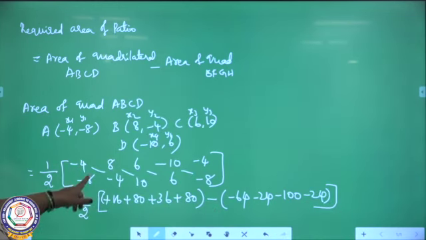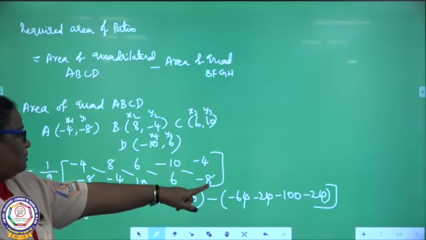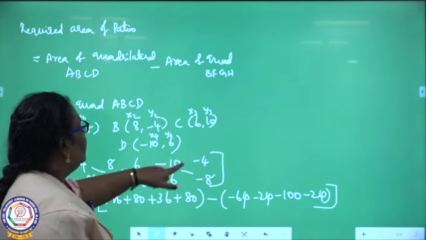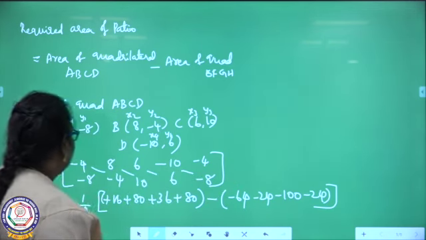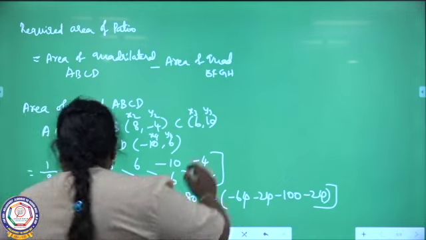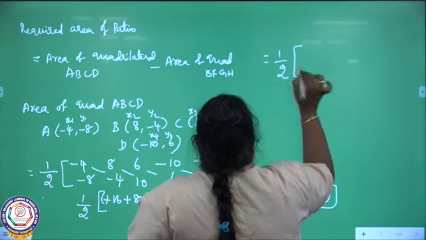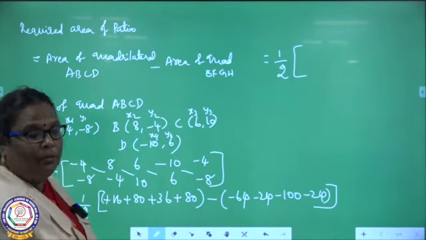See here, minus 8 into 8, minus 64, minus 4 into 6, minus 24, 10 into minus 10, minus 100, 6 into minus 4, minus 24. So it gives 1 by 2 into.